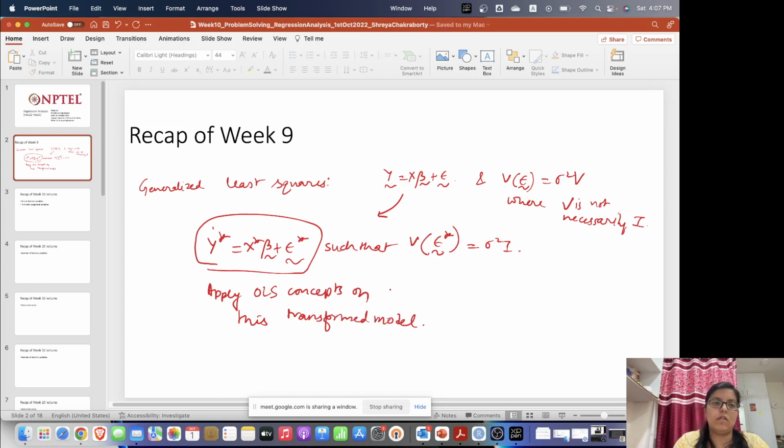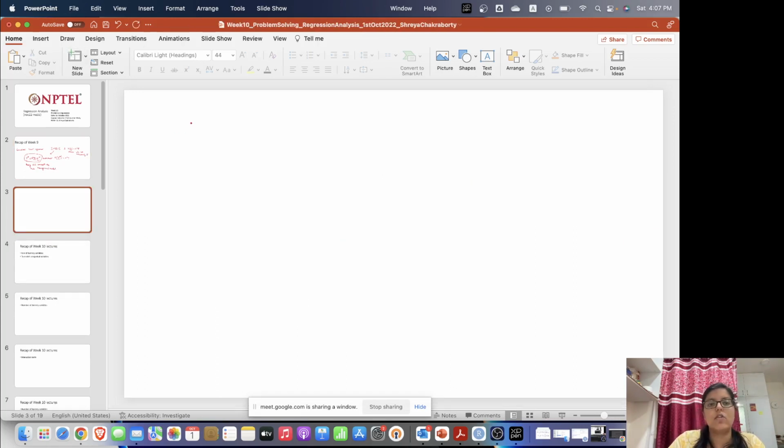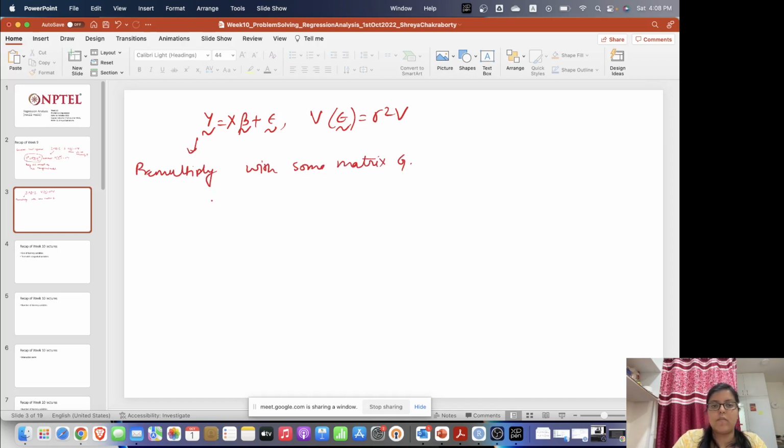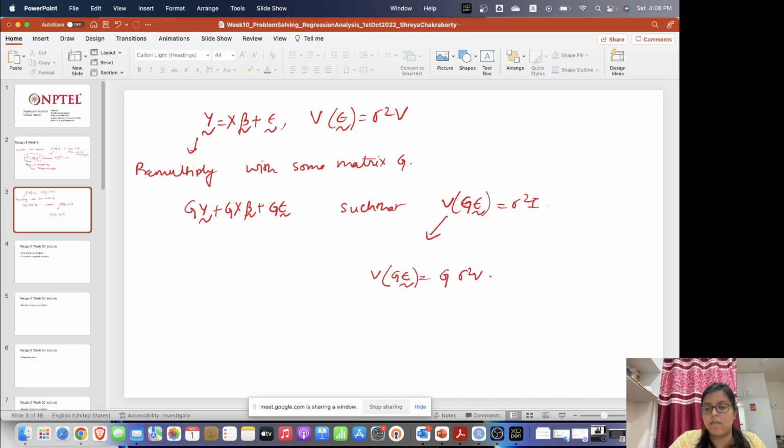If you remember what we had discussed, we had this model where variance of epsilon was sigma square V, and then we would pre-multiply with some matrix G, so it becomes Gy equals GX beta plus G epsilon, such that variance of G epsilon would be sigma square I. Variance of G epsilon can be written as G times variance of epsilon, that is sigma square V, times G prime.